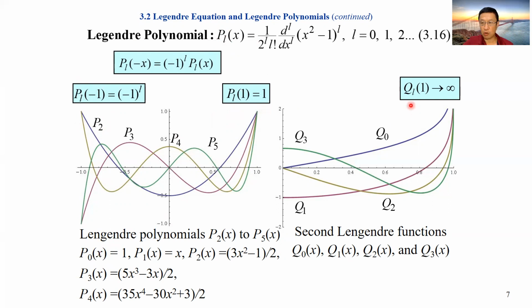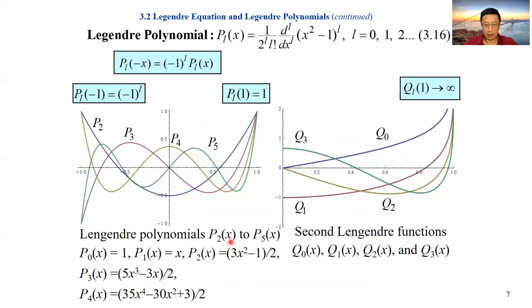And Q at 1 and minus 1 will diverge. It goes to infinity, very, very large. So unless we have to deal with the problem close to this region, Q is normally skipped for most of the cases.